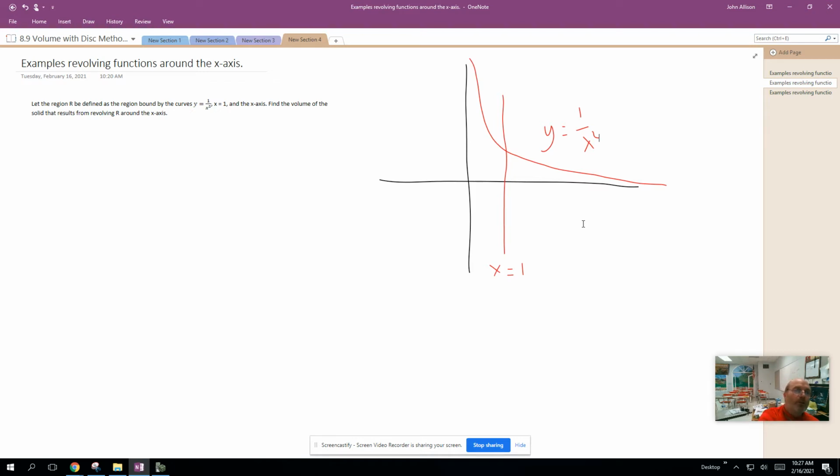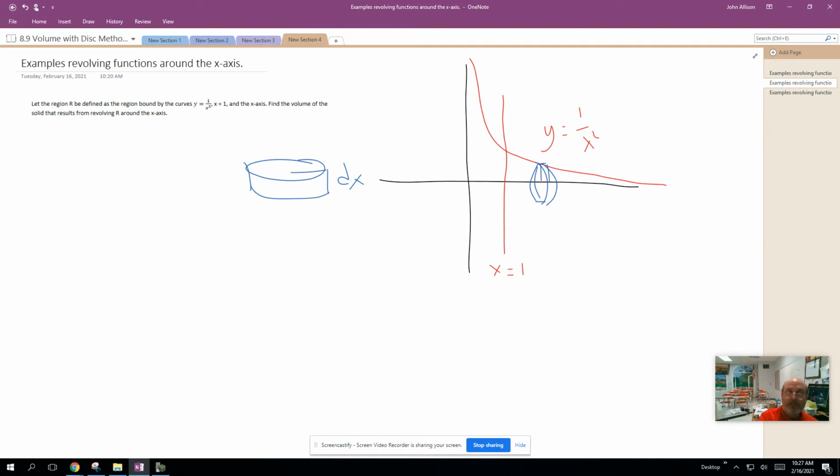So let's draw one cross section, or one rectangle. We're going to revolve that around the x-axis to get our cross section. I'm going to draw that out here. Width is going to be dx.